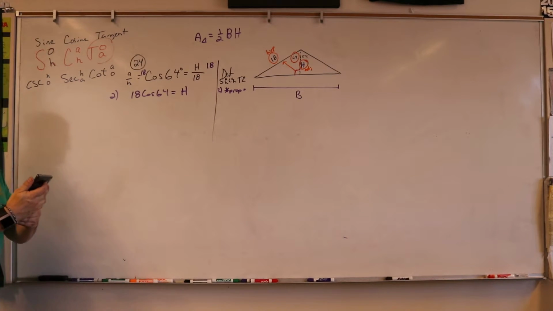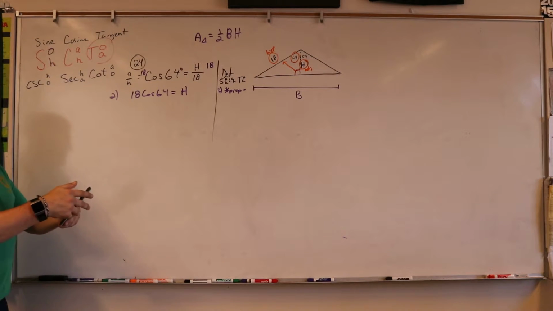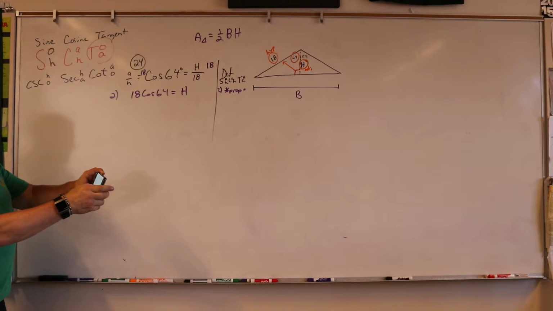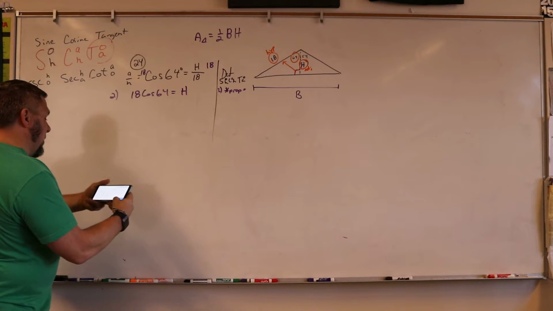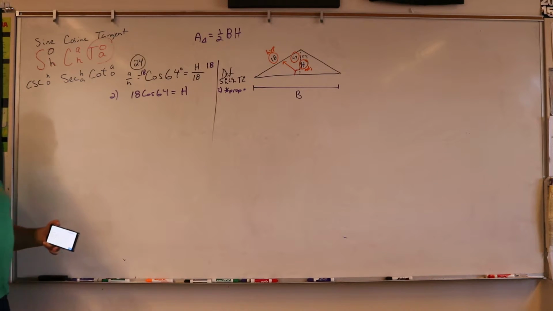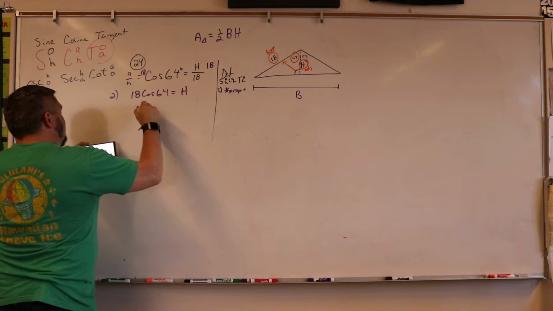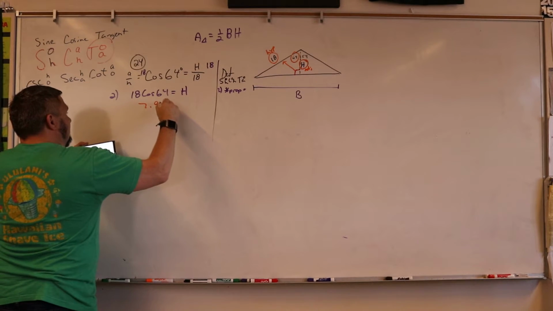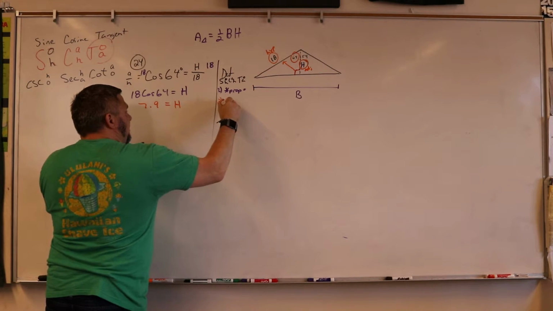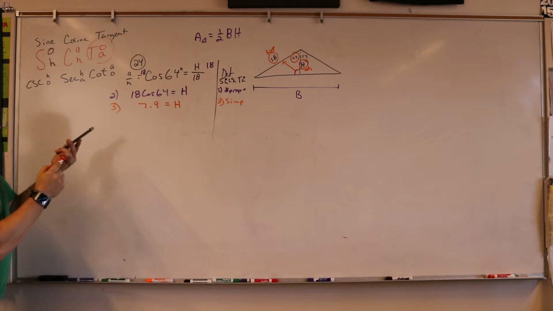So we just go calculator. 18 times the cosine of 64 equals 7.89. Now it says to round to the nearest tenth, right? So we're going to say 7.9 equals H. And that's your simplify. Okay?